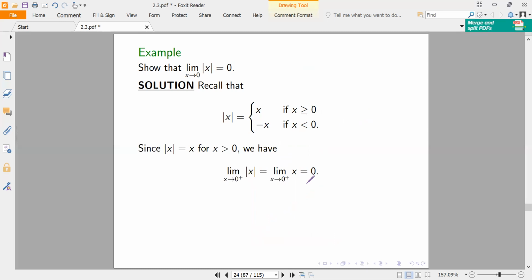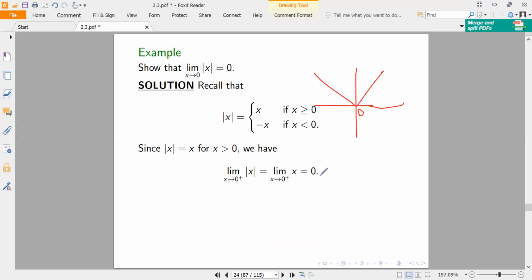Yeah, so basically, from the function that we just drew, remember we said the absolute value function looks something like that. Coming from the right, using the values that are bigger than zero, it approaches zero.